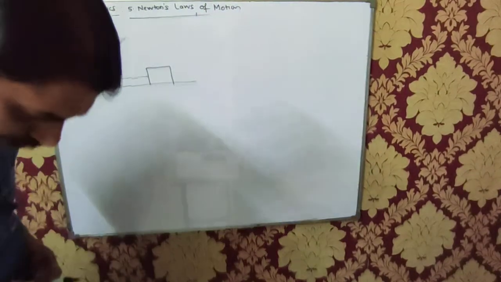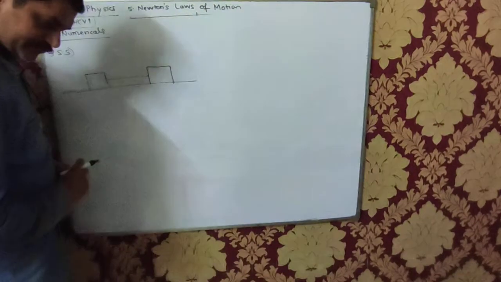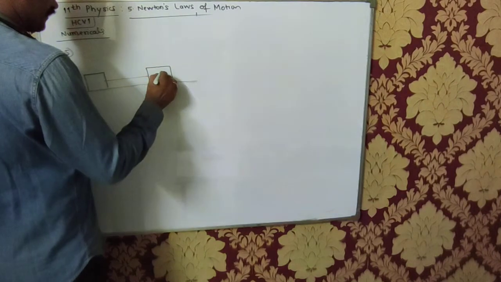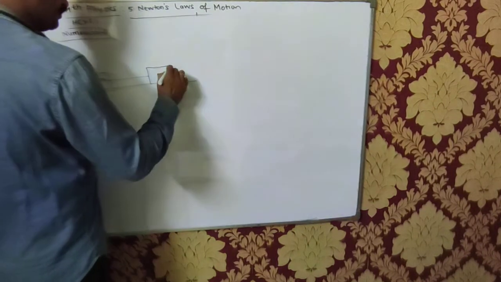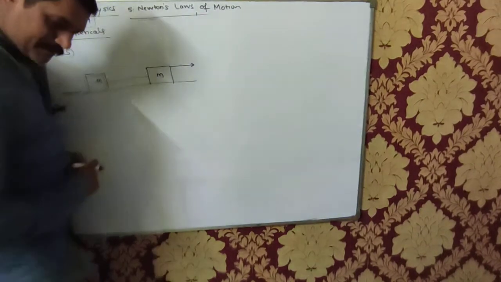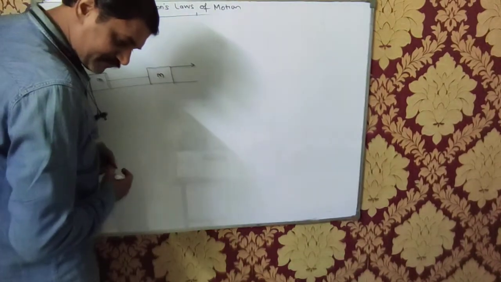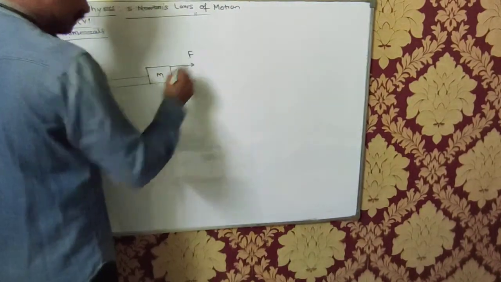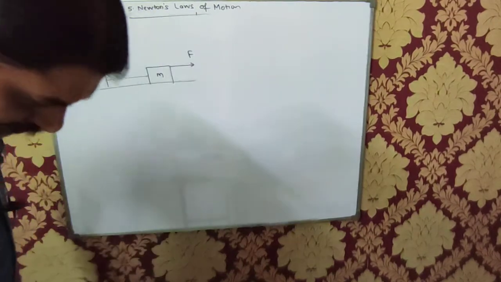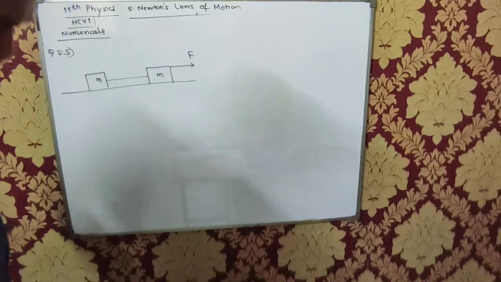What are the masses given? M each. One of the blocks is pulled in this direction by applying the force F, right?